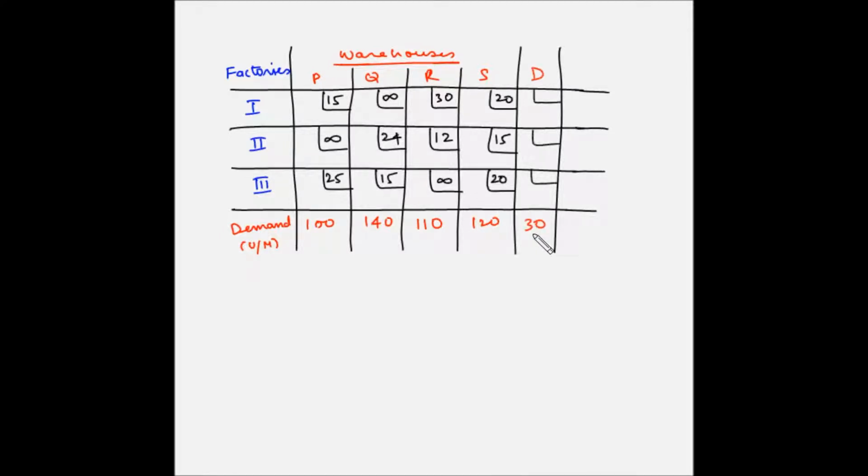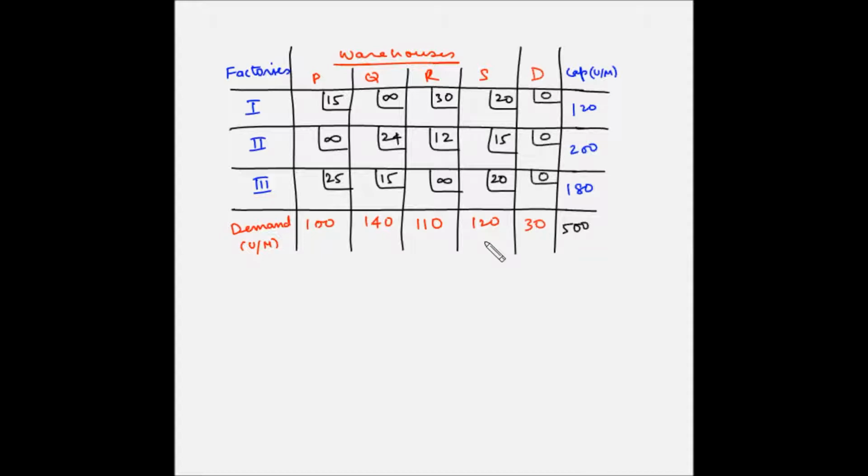So these 30 units which will be produced in these factories will actually not be shipped out of these factories and will be kept in its inventory. So since these 30 units are not going to be shipped, we'll assume the cost of shipping as 0. And then let me add the capacities here, which is in units per month: 120, 200 and 180. So now the total of supply and total of demand becomes equal, which is 500.